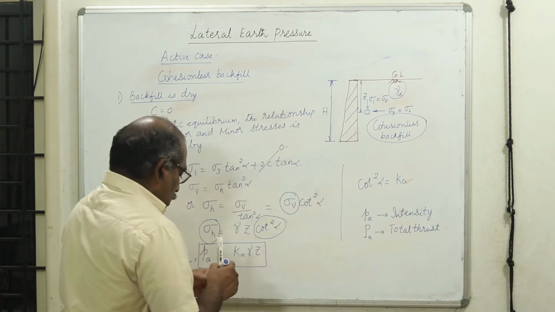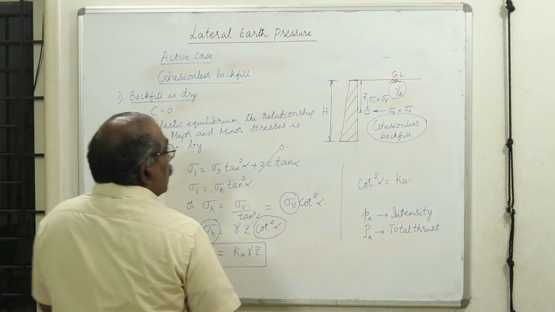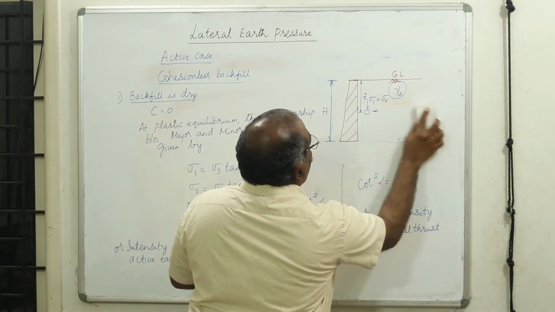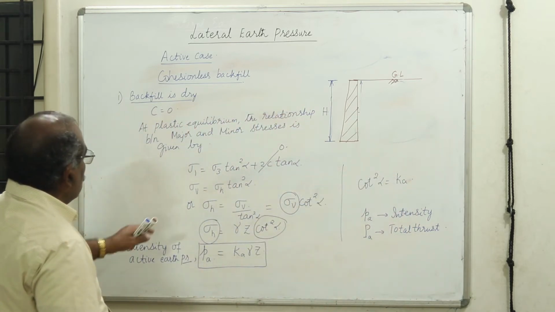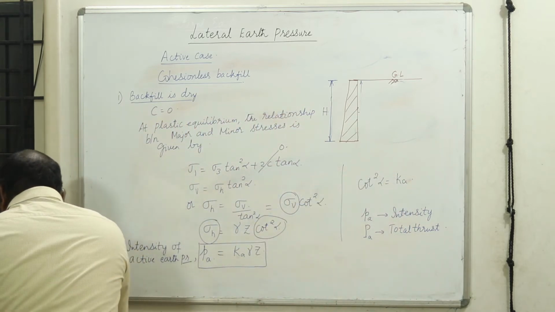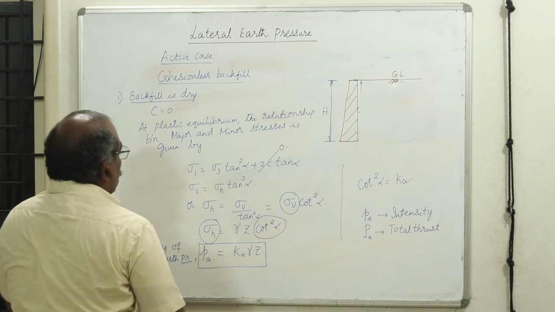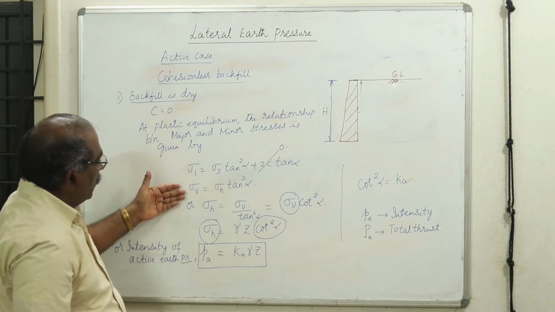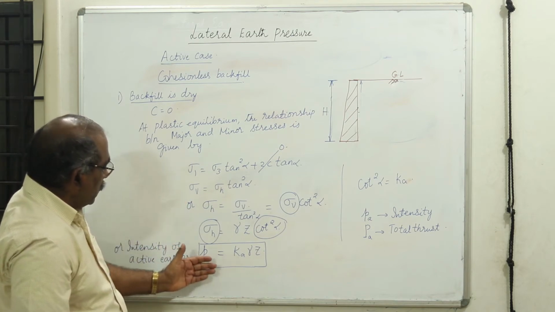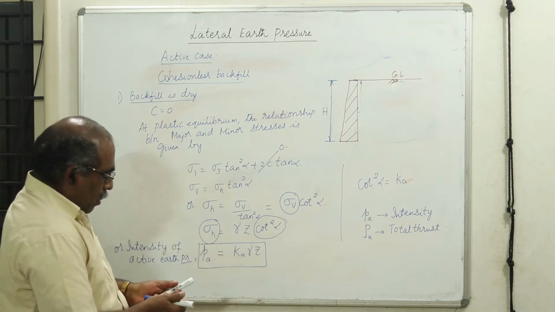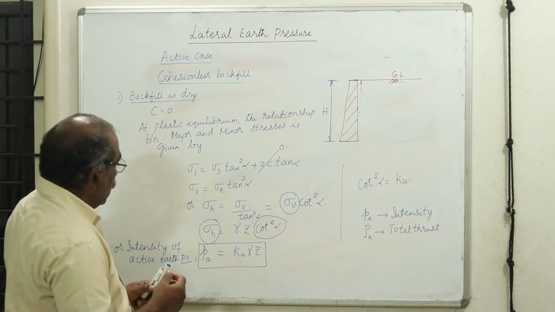I hope all of you understood. Now try to understand: we have derived this from the relationship between the principal stress and failure. We rearranged the terms and got this intensity of pressure. Now let us try to substitute the limits.